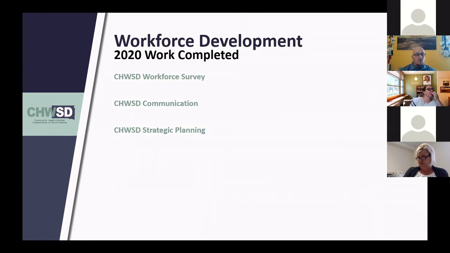And then in late October, early November, the Community Health Worker Collaborative is also going to host a strategic planning session. And this is open to all individuals and organizations, and it will really help to develop a Community Health Worker Collaborative of South Dakota 3-year strategic plan.